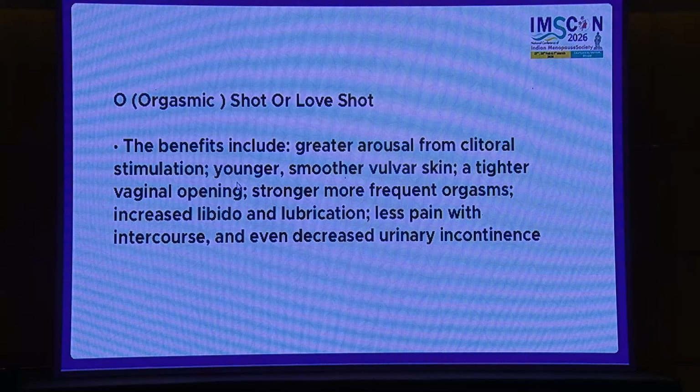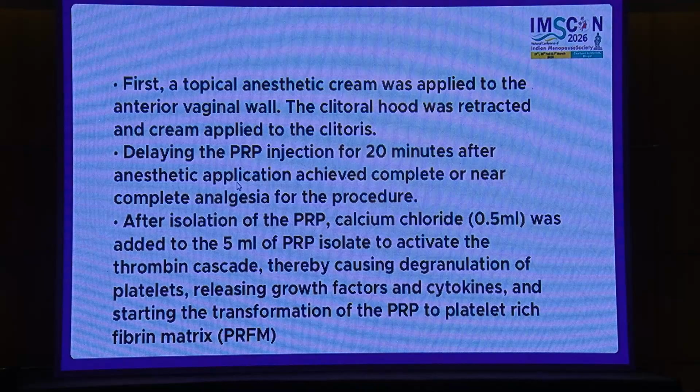The benefits include greater arousal from clitoral stimulation, younger, smoother vulval skin, a tighter vaginal opening, stronger and more frequent orgasm, increased libido, lubrication, less pain in intercourse, and even decreased urinary incontinence.